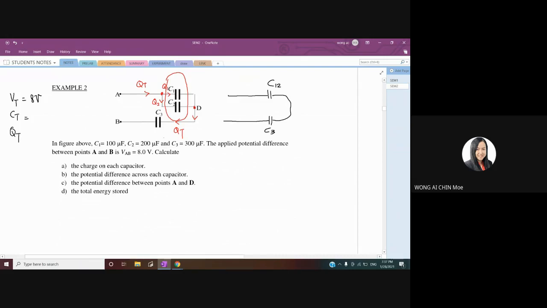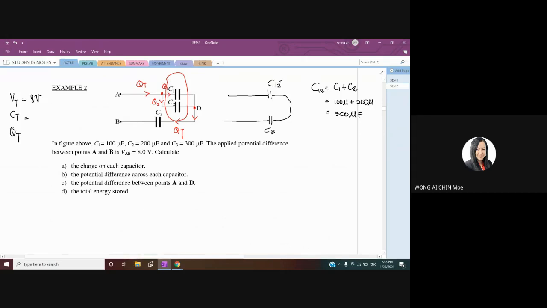C1 and C2 are connected in parallel, so we can write C12 equals C1 plus C2, which is 100 microfarad plus 200 microfarad, giving 300 microfarad.